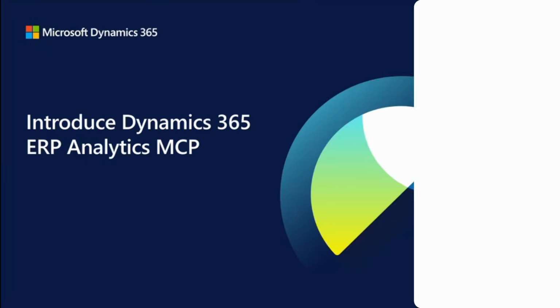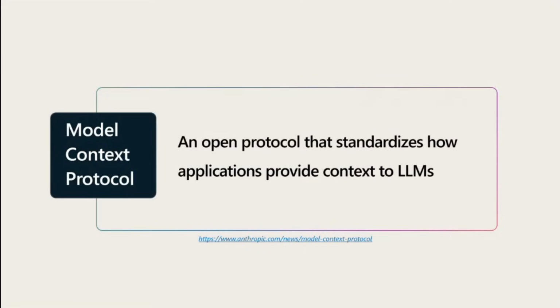So what is MCP? As a quick recap, MCP stands for Model Context Protocol. It is an open protocol that standardizes how applications provide context to LLMs. In a simple analogy, you can think of MCP as your USB-C hub that plugs into your computer and allows your main environment, your main tool, to interact and interface with many third-party systems without you having to develop custom integrations with each and every single one of them.